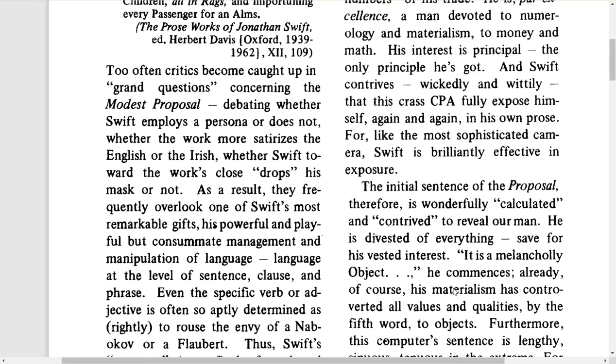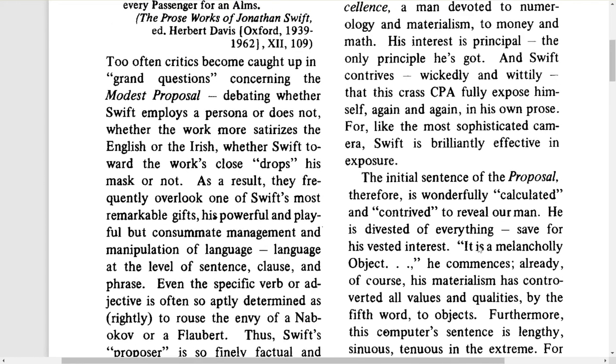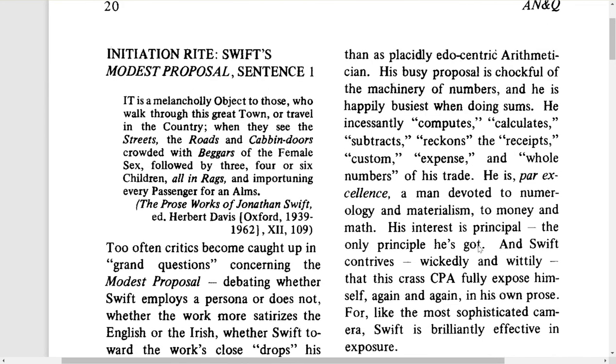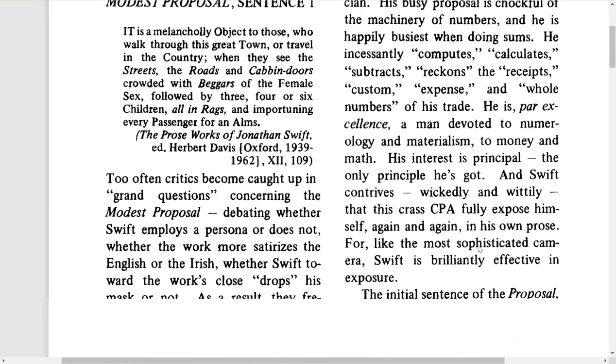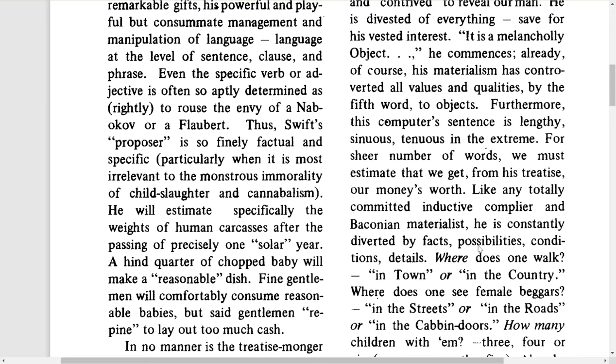And then the rest of the essay, as you can find it on eClass or other resources or through the library, just look for the title here, "Initiation Rite: Swift's Modest Proposal, Sentence 1." The rest of the essay, the writer just goes on to support his claim about the first sentence being calculative, which reveals the speaker and who he actually is.